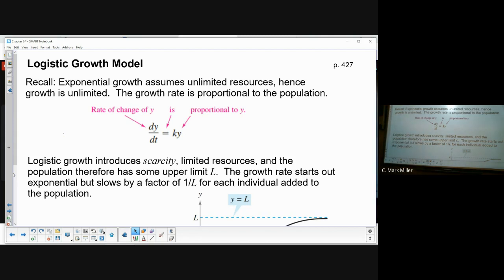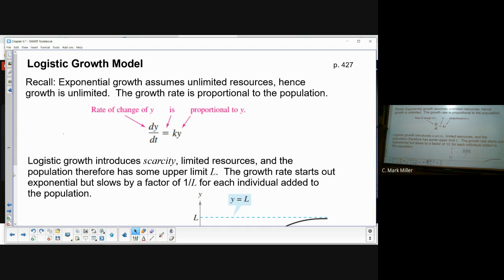You have 4,002 rabbits. The 4,003rd rabbit will decrease the growth rate by the same amount as the 3rd rabbit did. That's an assumption. May not be true in real life. And believe me, they have more sophisticated models of this that allow for the growth rate to decline at different amounts for different amounts of rabbits. We're not going into that.